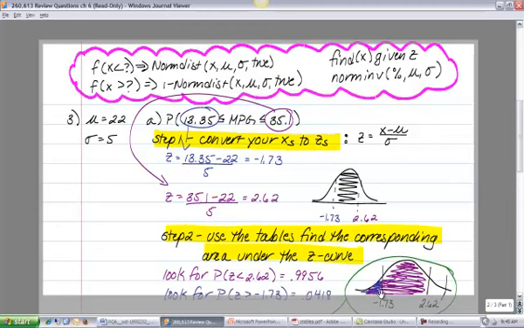And notice that if I do that in the less than table, that's going to go all the way to the end of the curve, as you can see with the purple line. So in order to get that bounding between 2.62 and negative 1.73, I'm going to subtract from that the probability that z is greater than negative 1.73.